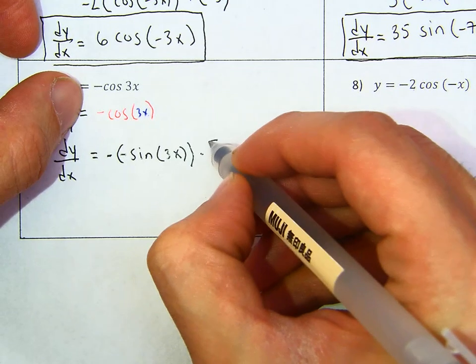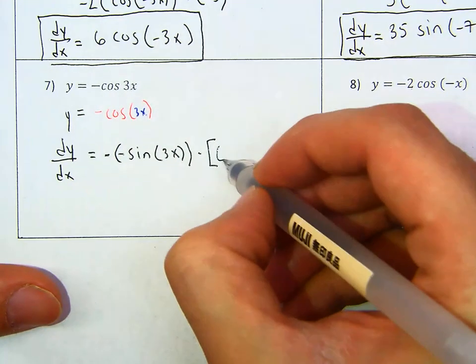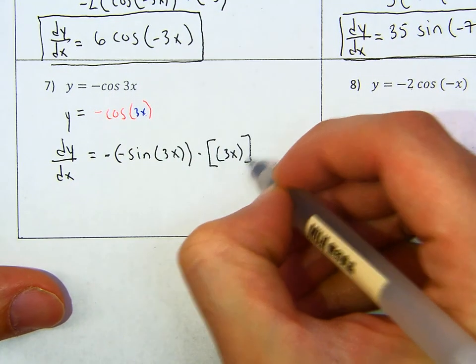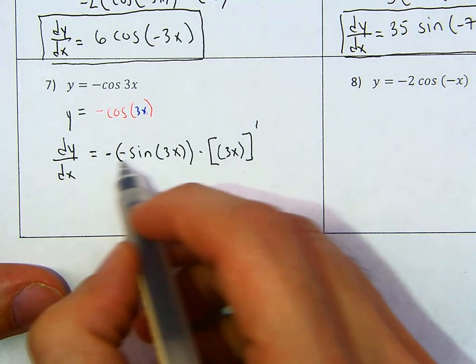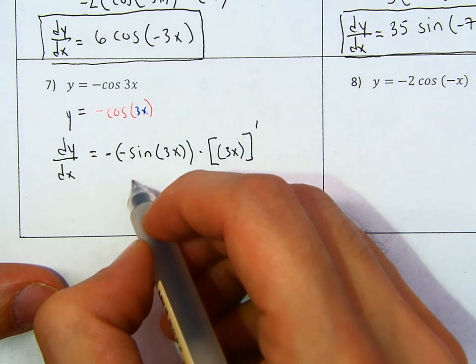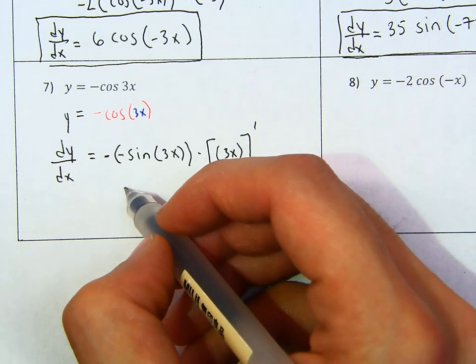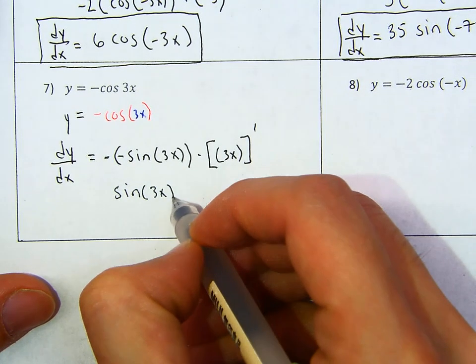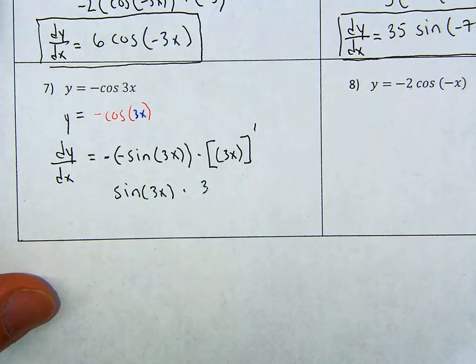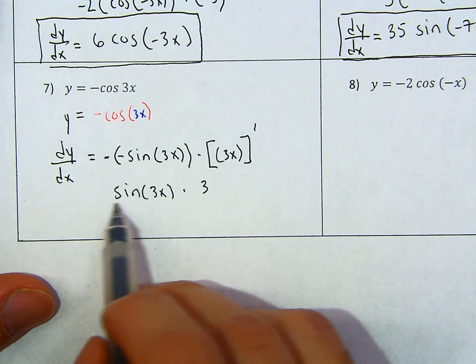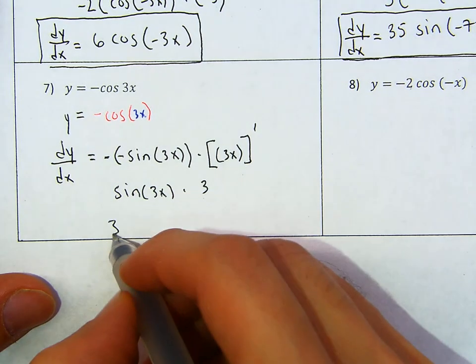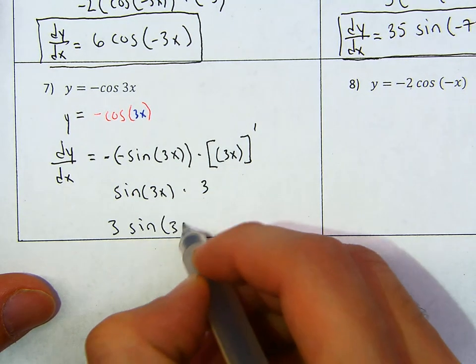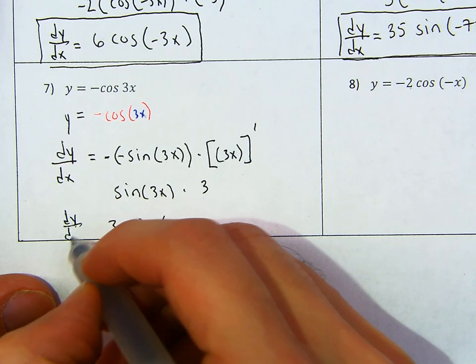And this stays the same, what's on the inside, right? And then there's parentheses 3x, and we're going to take the derivative of this. So notice that we'll just skip a step, but this will be sine of 3x times 3, right? We already distributed the negative, so this is positive. So then this just becomes 3 sine 3x, and this is dy/dx.